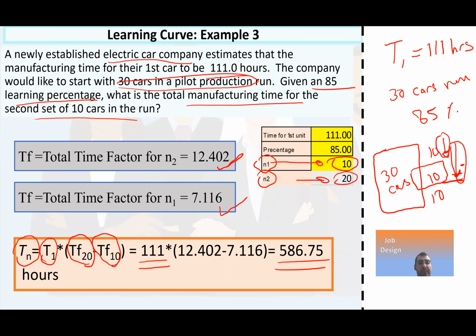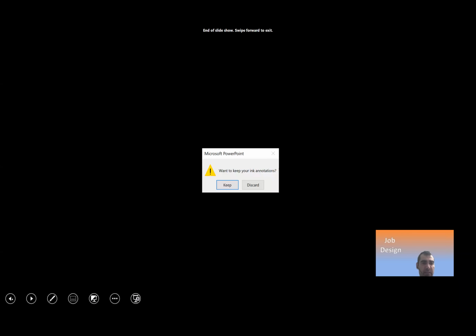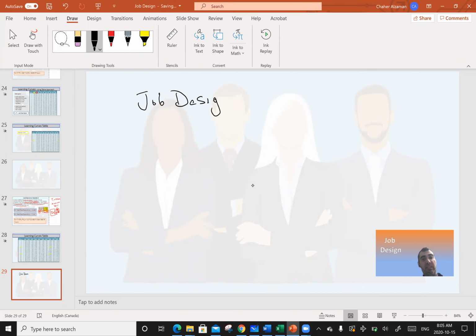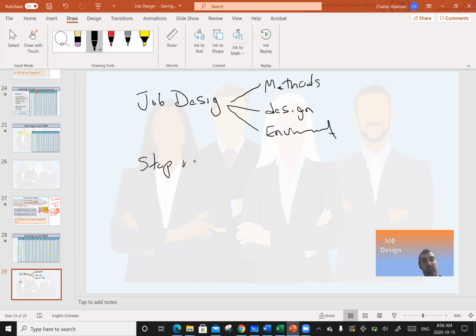Just to recap what we have done so far in job design: we talked about job design, the methods, design, environment, and then we talked about stopwatch studies, and we saw how to calculate the N. Then we saw how we calculate the standard time.